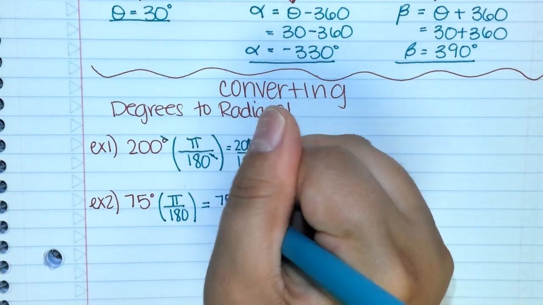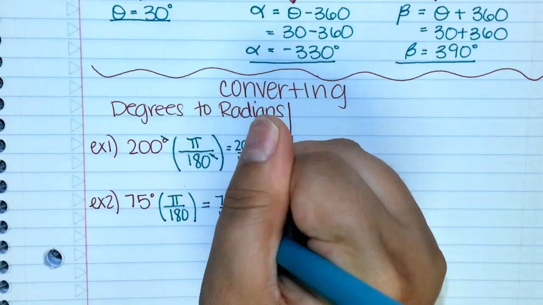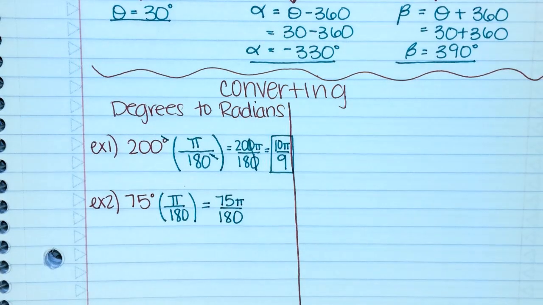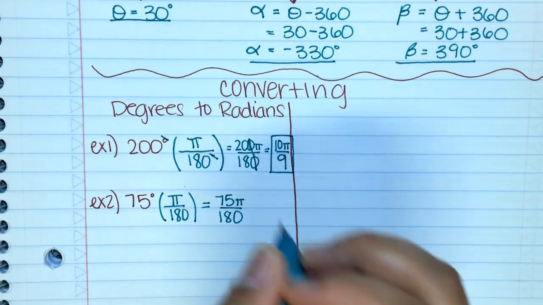That's going to give me 75 pi over 180. Can I reduce that? How? What do they both divide by? Louder? 5. I can divide them by 5.